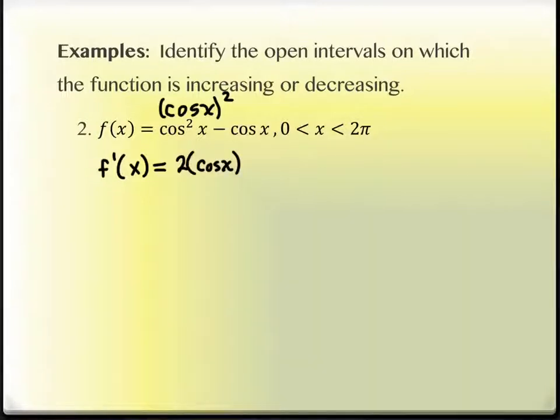And if it helps you to think about it, you've got it to the power of 1 now. And then the derivative of cosine is negative sine. On the second piece, you just have minus cosine. So the derivative of cosine's negative sine means I have plus sine x at the end.